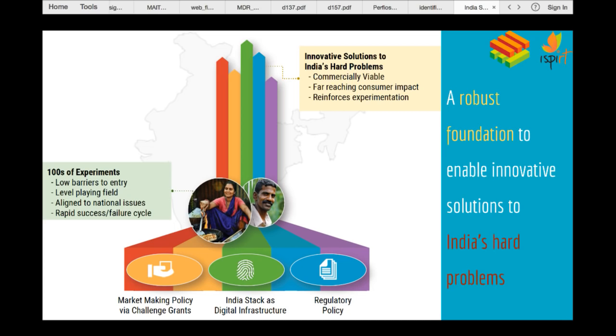Now, by nature, startups have a risk element, so many of these experiments will fail. But the ones that succeed are the ones that will help us to solve the hard problems that we have in the country. And that's really what we believe building for the nation means.